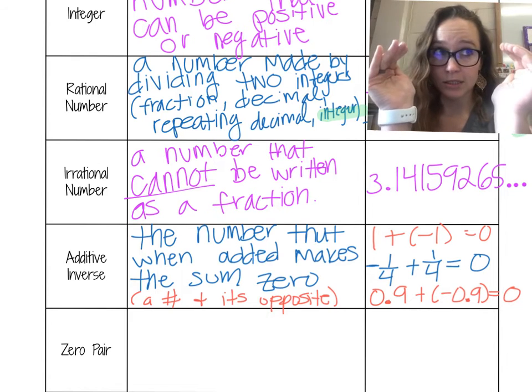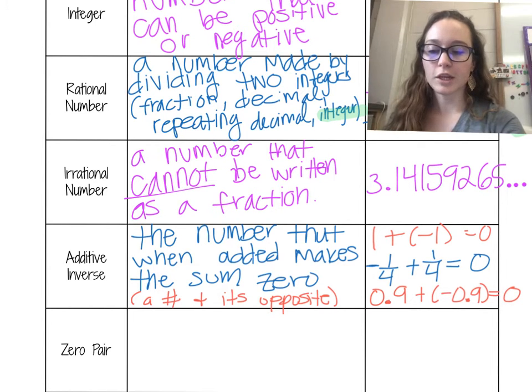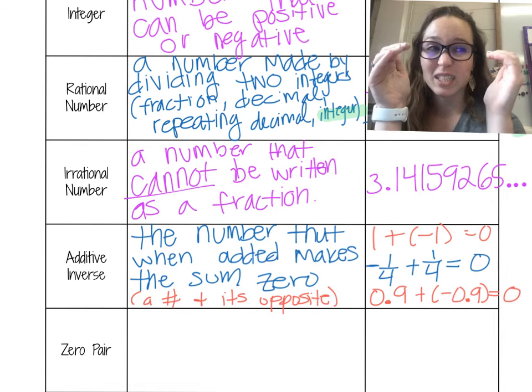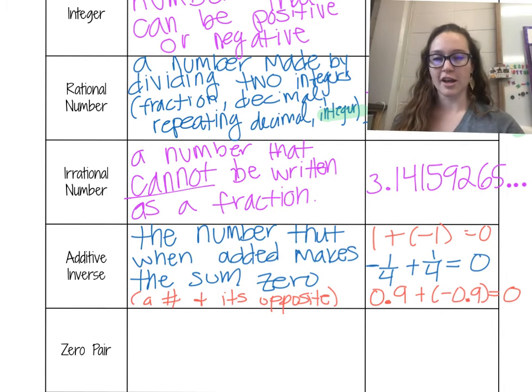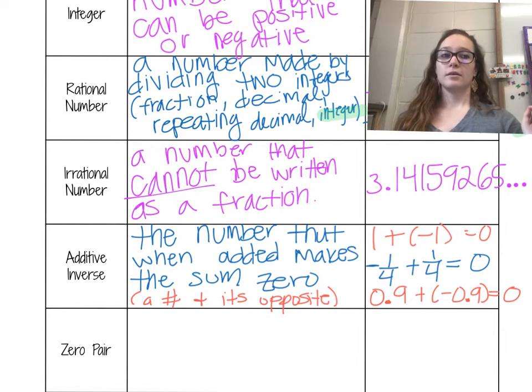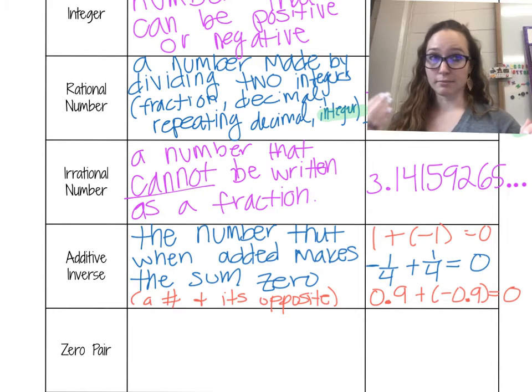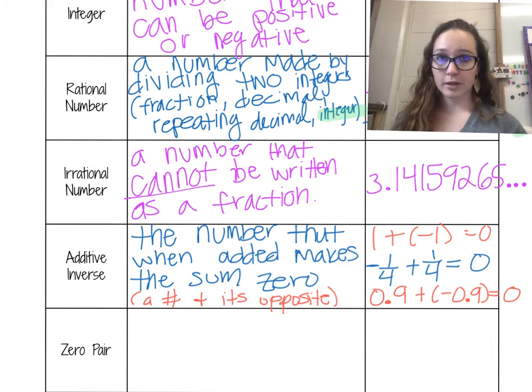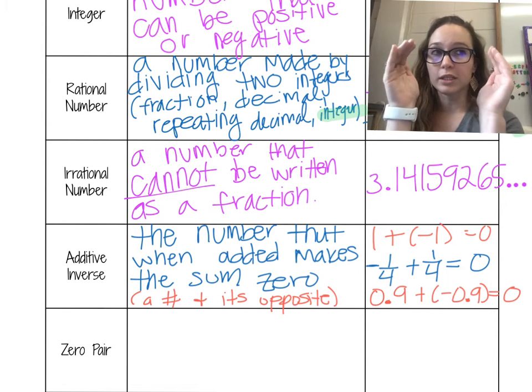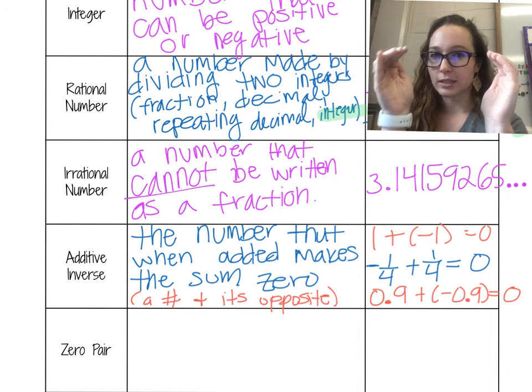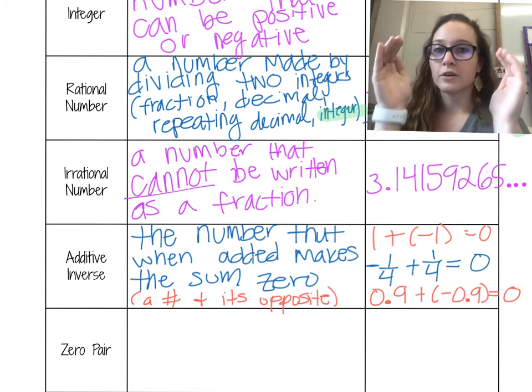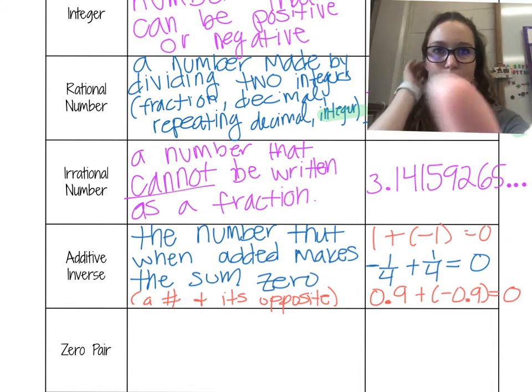And those parentheses right there are just so that I know it's a negative sign and not a subtraction. Because if I put 0.9 plus minus 0.9 in my calculator, it's gonna lose its mind, right? It's just a calculator. So those parentheses let us keep it organized and know this is a negative, not subtraction.